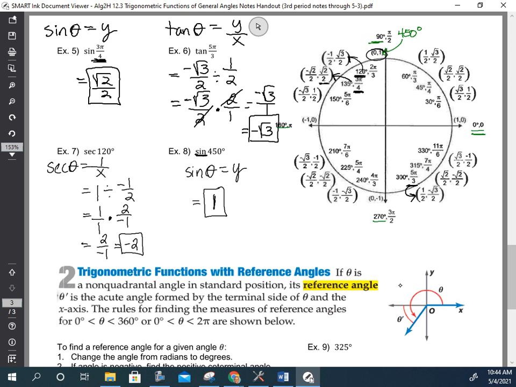Just a side note, those of you who are going to pre-calc honors, I've already asked the teachers that are teaching it this year for a study packet, whatever prerequisites you should know going into pre-calc honors. That way, I'll give you a copy of that as you transition out of trig at the end of this year.